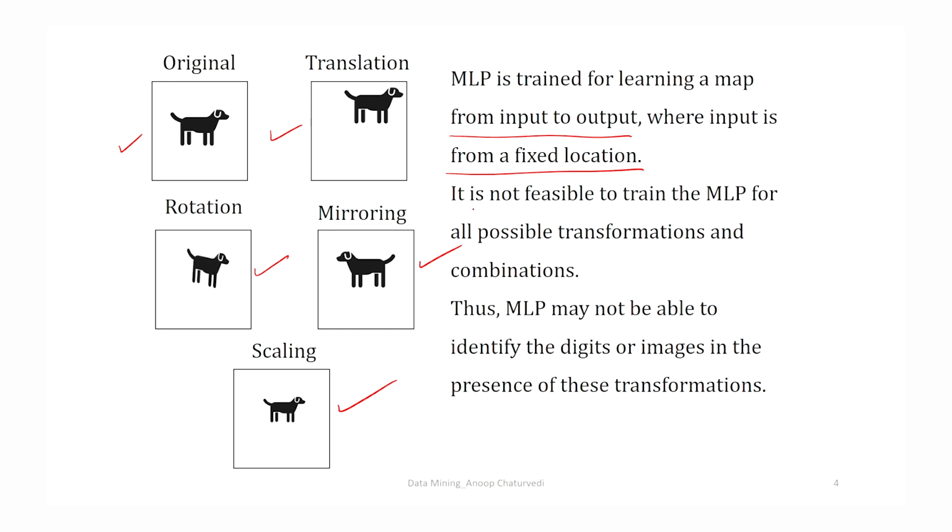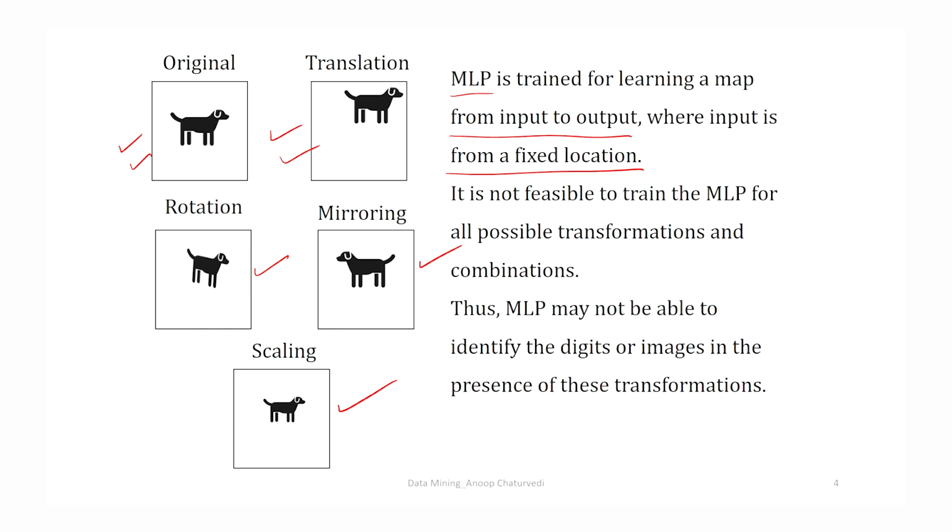Then it is not feasible to train the multi-layer perceptron for all possible transformations and combinations. Say if you collect data on different pixels for this image or for this image, then you get different data. There is a simple translation of values, but the multi-layer perceptron will treat these two sets of data differently and you get different outputs, different predictions.